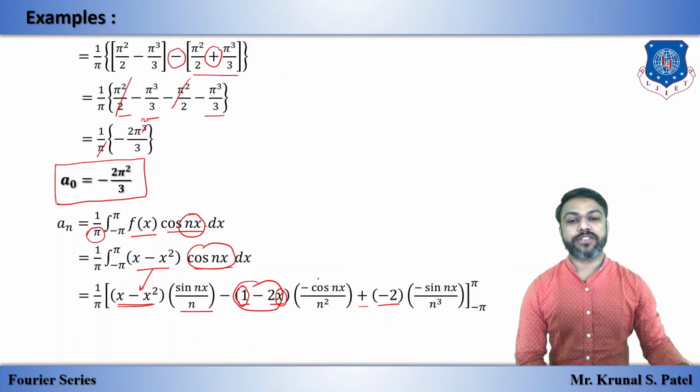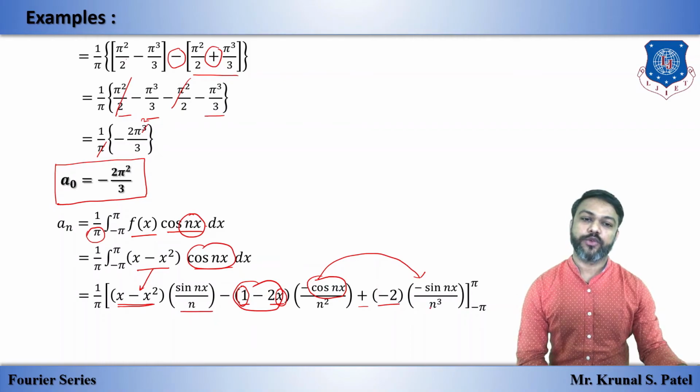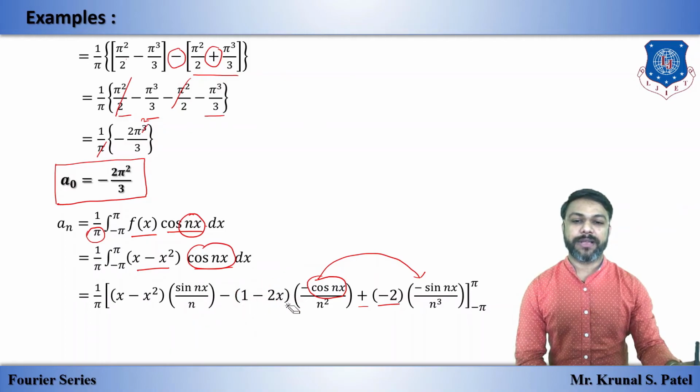Now integration of this term: minus carried forward, this minus carried forward, and integration of cos nx is sin nx by n. So n square into n is n cube. Now as I told, in every example I am taking the minus outside first and writing down the same step.